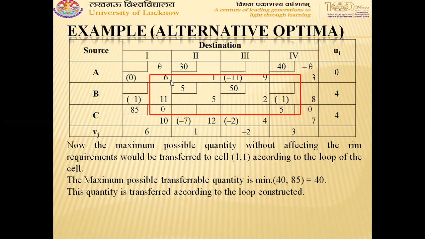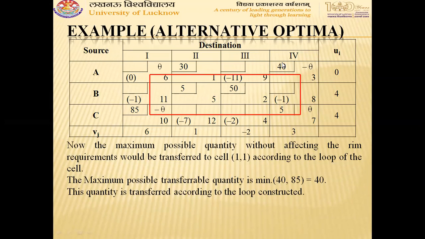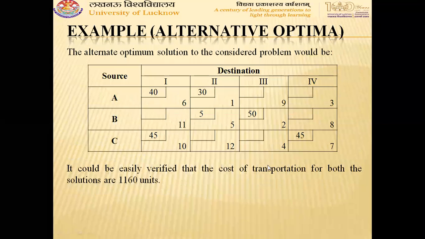Where theta occurs, the quantities are added, 40 is added to the quantity, and where minus theta is present, 40 is subtracted from the quantity. So cell 1 comma 4 will leave, that is, it will become 0. Here we add 40 and here we subtract 40, it will become 40, 0, 45 and 45. That is, this table is obtained.